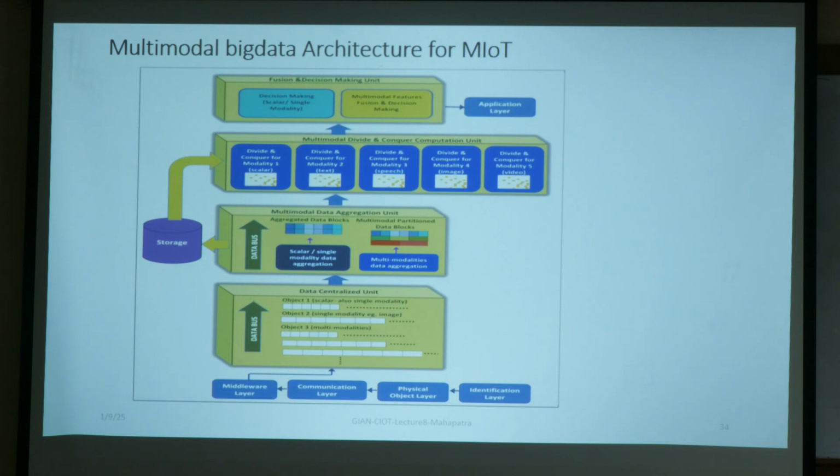And there's a data bus over there. It takes its input from the middleware layer, and these are the types of objects we are getting, and this data has to be centralized. So let's see what happens here and how much data is processed for what.